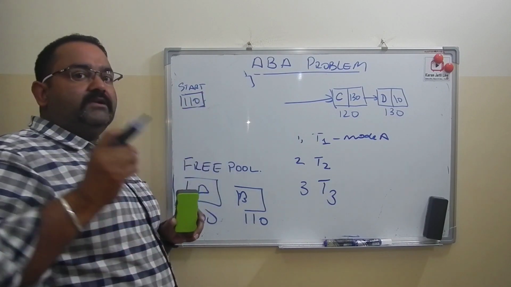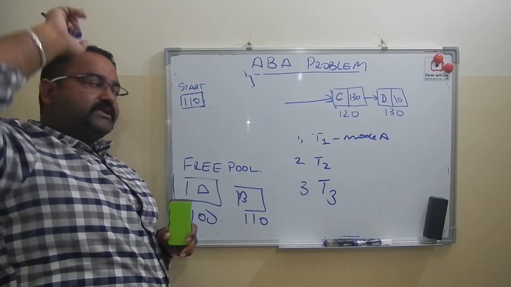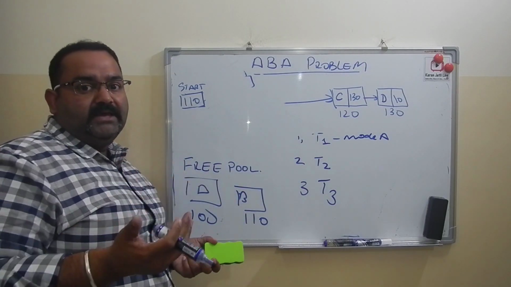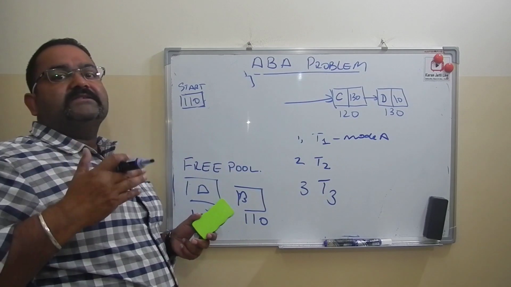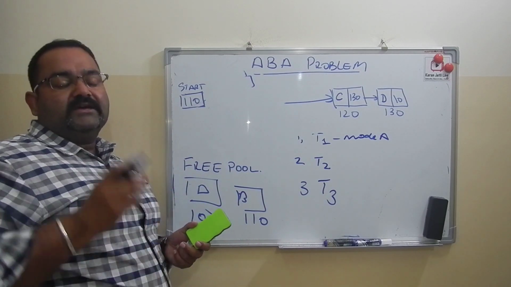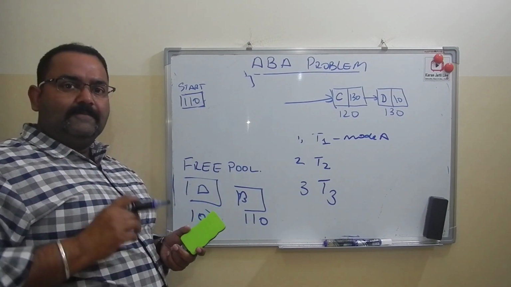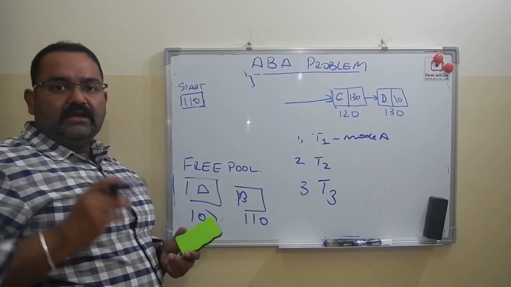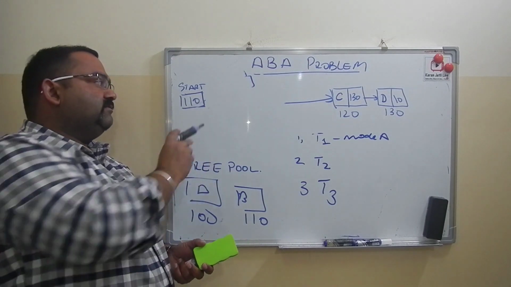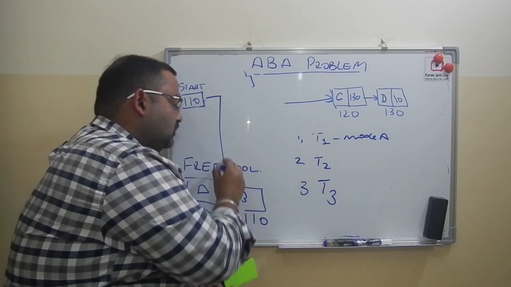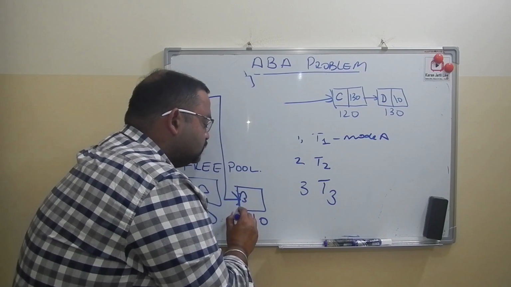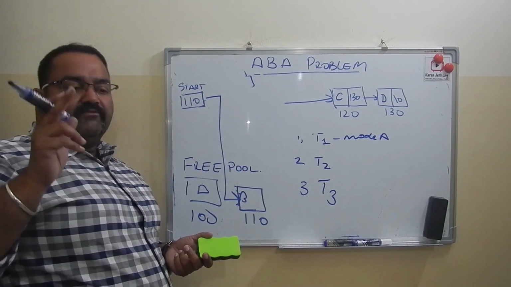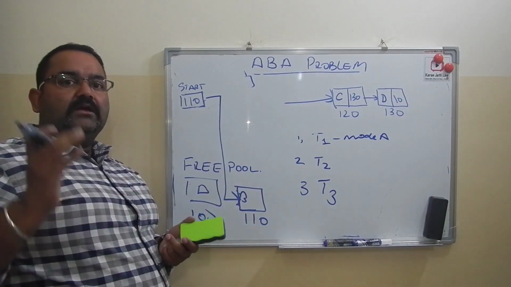Now why 110? Because the first time the starting node was A and the next node was B. So it still thinks that B is in the list. But in reality B got deleted and B is in the free pool. So it modifies the starting address and start points to B, and from B it does not point anywhere, because B is still in the free pool.